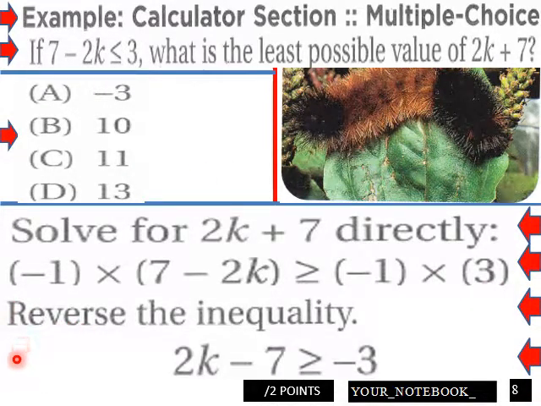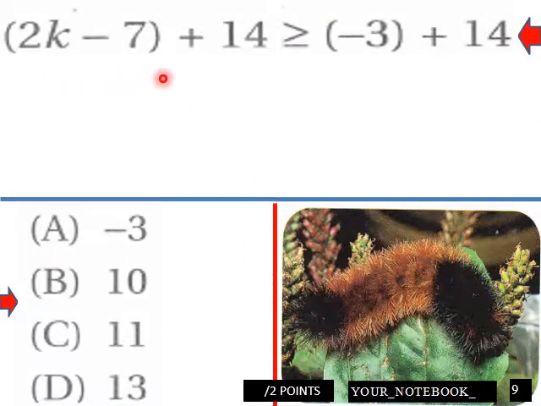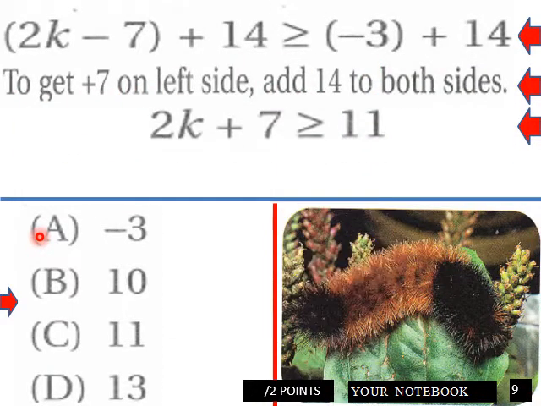Reverse the inequality because of the negative signs. 2k minus 7 is greater than or equal to 3. And we continue on that track. To get plus 7 on the left side, add 14 to both sides. 2k plus 7 is greater than or equal to 11.